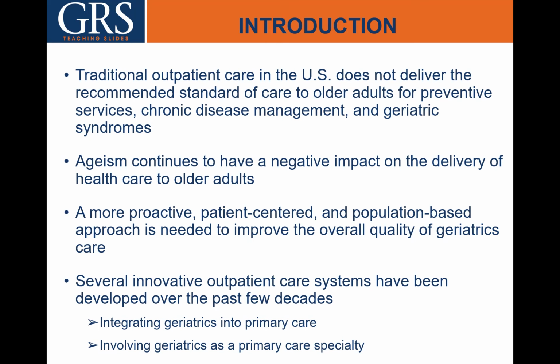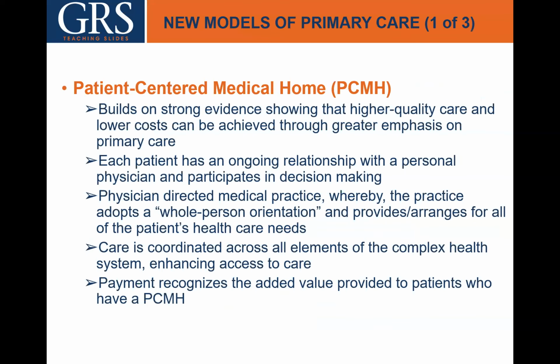In order to solve this problem, we introduced the new models in order to give benefits for both the primary care providers and the patients. The new model integrates geriatrics into primary care and also involves geriatrics as a primary care specialty.